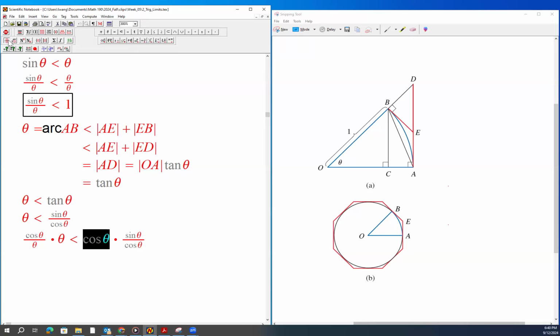We multiply the same positive quantity on both sides of this inequality, and it will still be true. Then we simplify, because theta and theta reduce, and cosine theta and cosine theta reduce, and we end up with cosine theta is less than sine theta over theta.